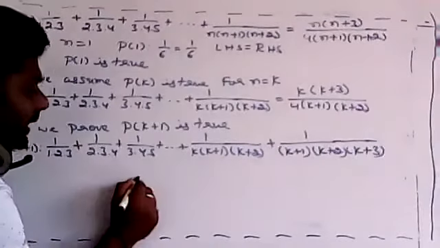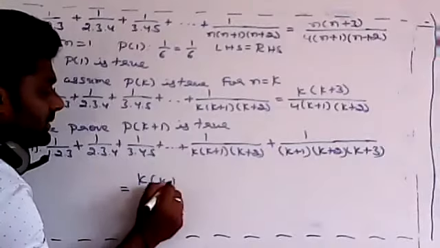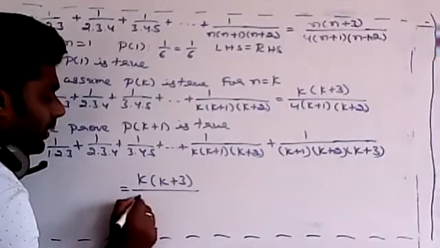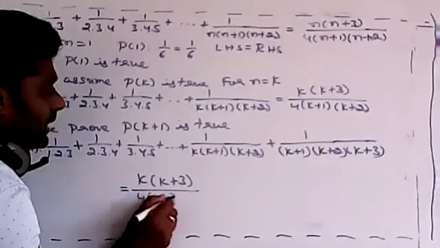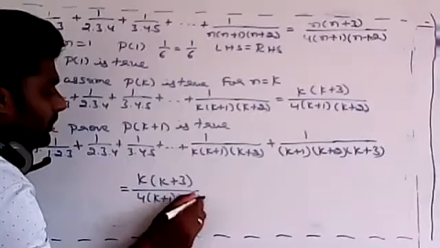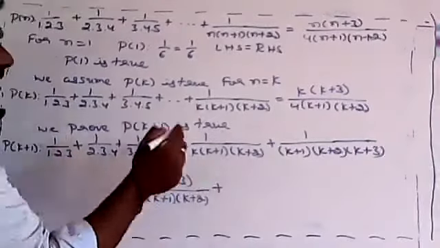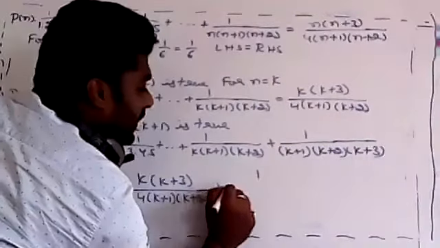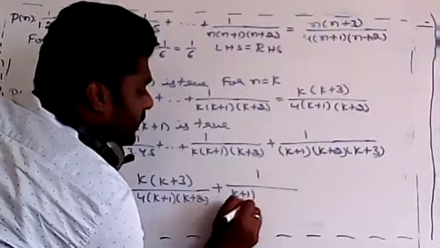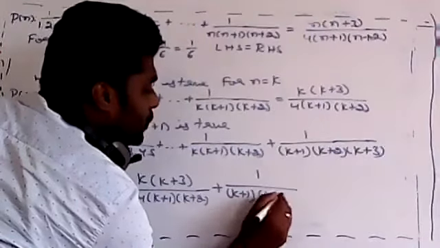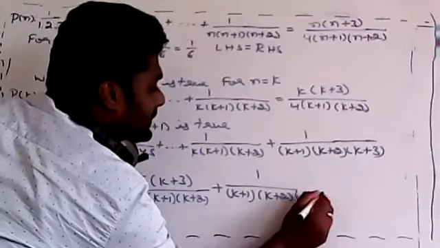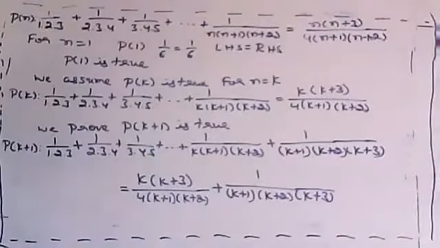See, k into k plus 3 divided by 4 times of k plus 1 into k plus 2, plus here also we have to add the kth term, no? That is nothing but 1 by k plus 1 into k plus 2 into k plus 3. Correct or not? K plus 3. Correct?